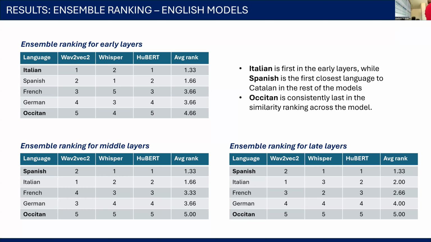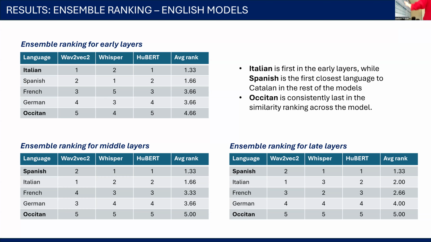This is not entirely surprising if we think about what we've seen before, where basically in the middle layers and late layers, we see that word meaning and word identity have the lion's share of the type of information that is conveyed. So we get that the lexical similarity between Spanish and Catalan is probably very, very high, just because they're spoken in the same place, right? So this is not completely surprising.